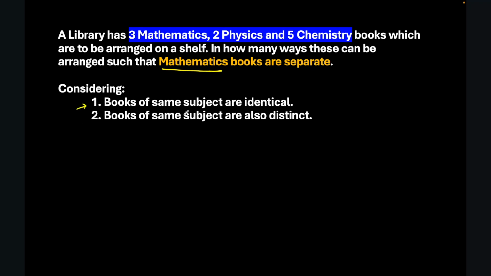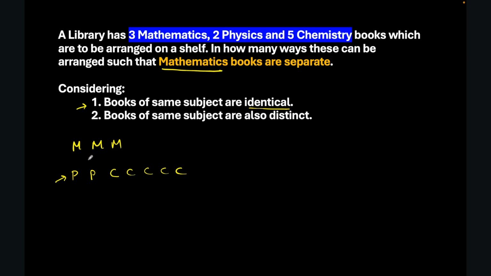Let's do the first case. The first case is all the books are identical. Let's say I have 3 of the same math books, 3 of the same physics books, 5 of the same chemistry books. So I'll have M, and then I'll have P, C. What I'm going to do is first neglect the books that are supposed to be separate.